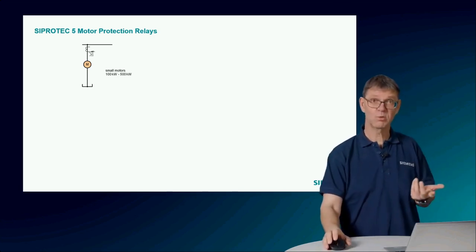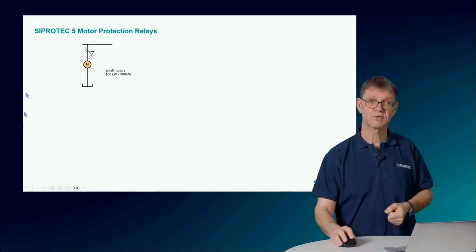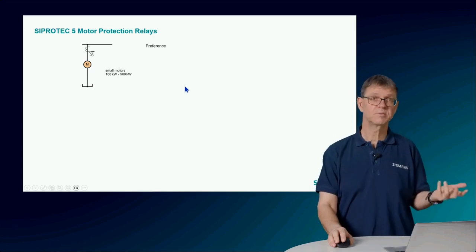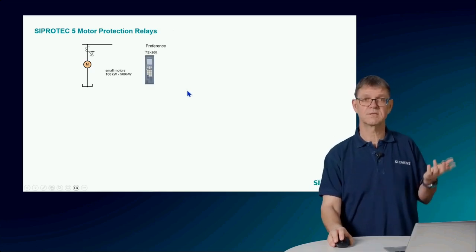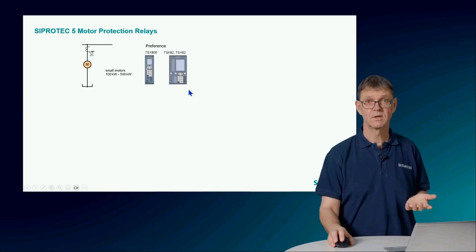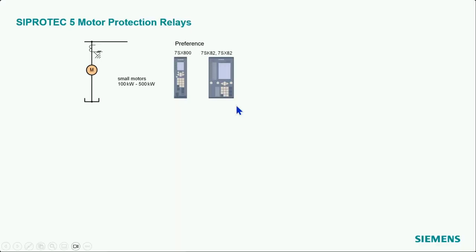So for the small motors, typically with just one current transformer, and preferably we can use here the 7SX800, the 7SK82 or the 7SX82, or optionally our modular devices, which is the 7SK85 or the 7SX85.